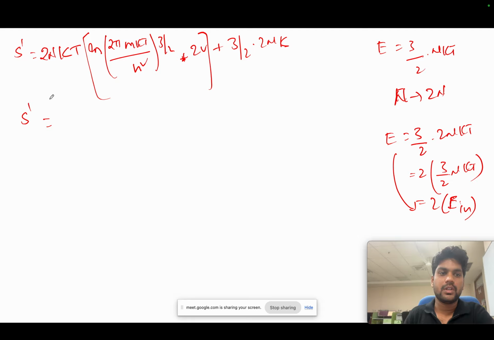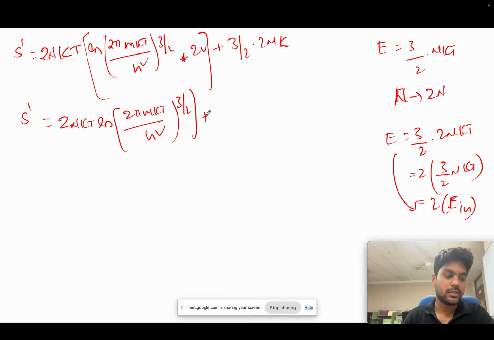So now what I will do is I will separate it. If I separate it, we get ln of, plus again we will get the same thing, into 2V is there, right?